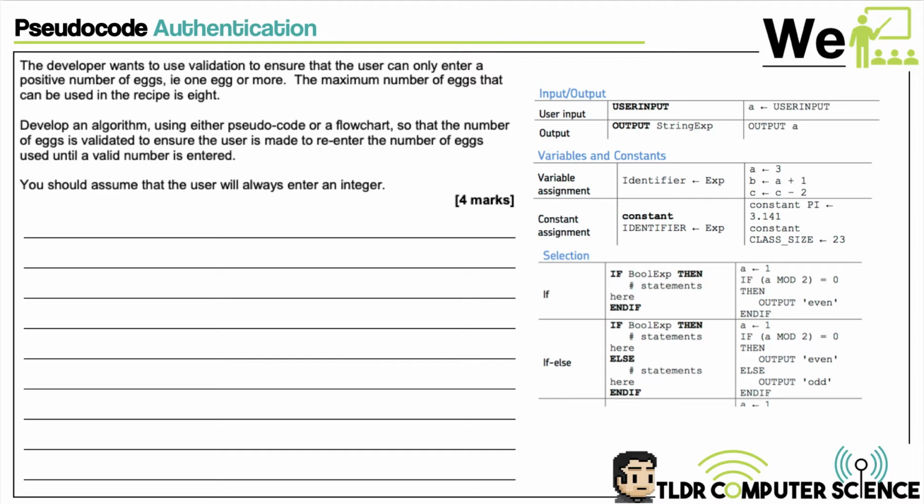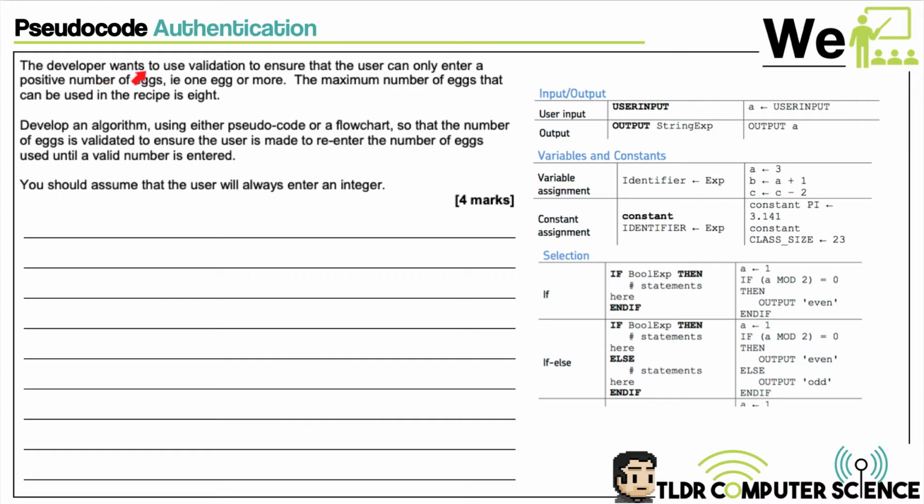Okay, we're now at the point where we're going to start writing some code, and it starts off really simple. On the right-hand side here, I've put some snippets of code that we can use. Again, we're going to start off with basic inputs, outputs, variable assignment, and some basic if or if-else selection statements for comparison. Okay, let's read the question.